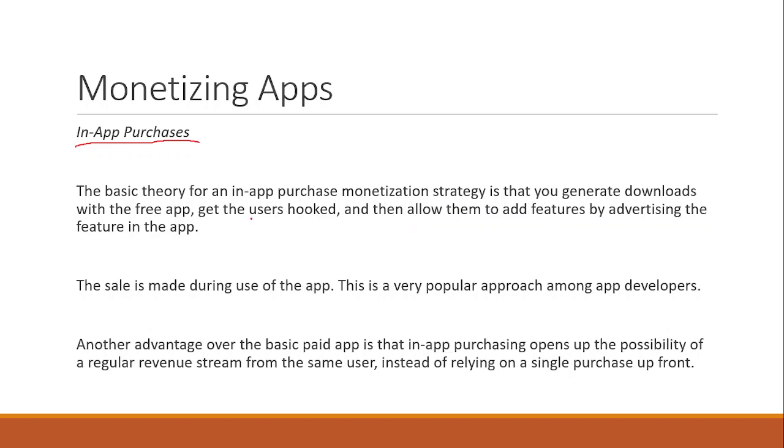So it is free and everything is available to download, and if they want, these in-app purchases or items entice them to buy because they now rely on the application or are hooked.